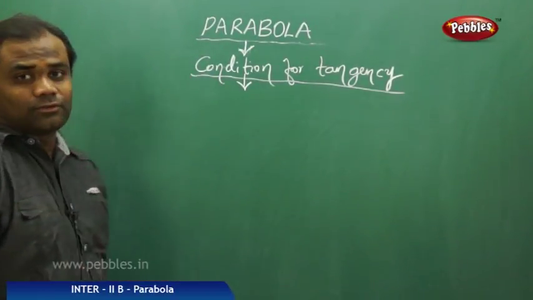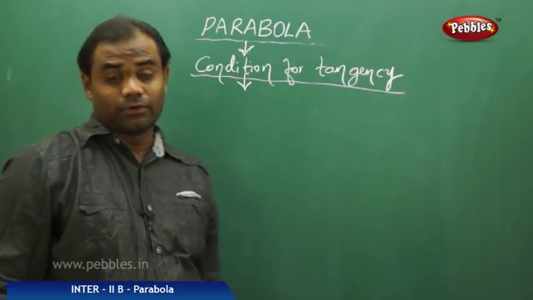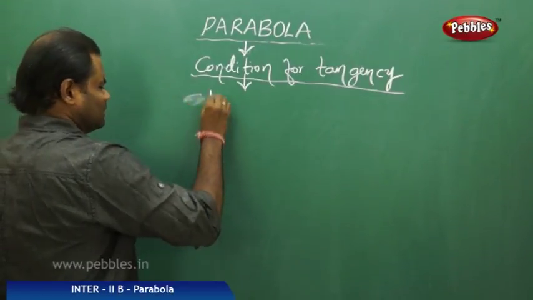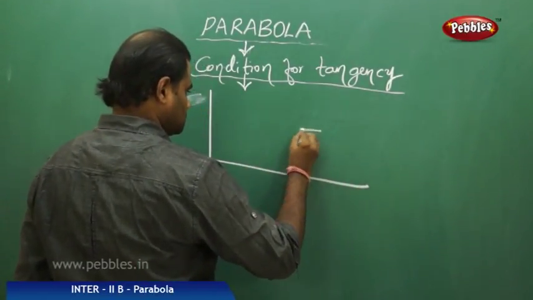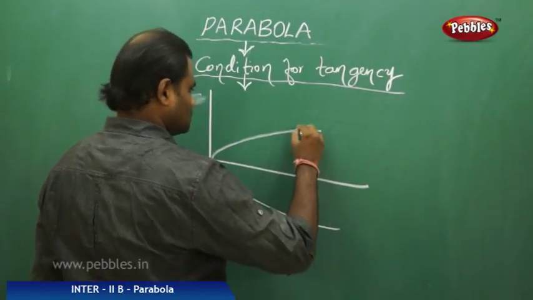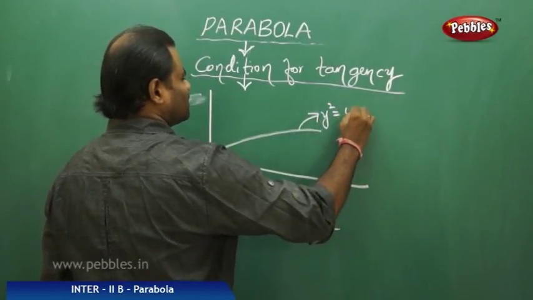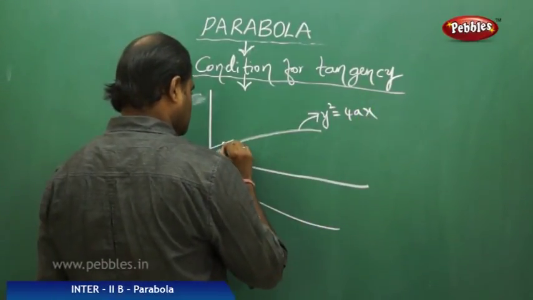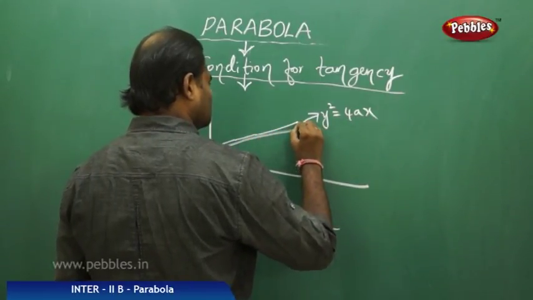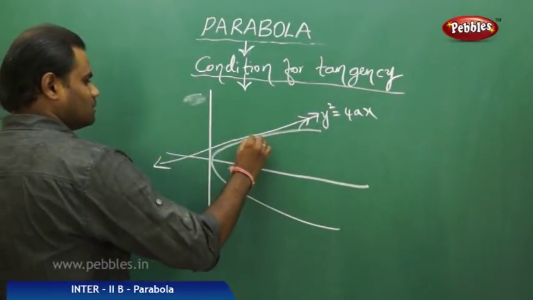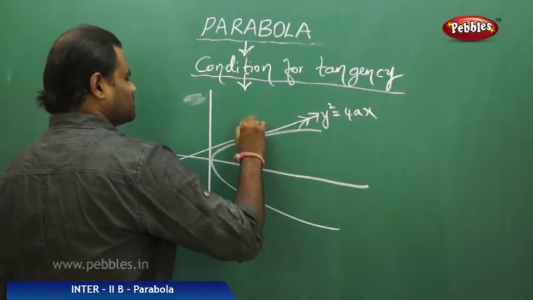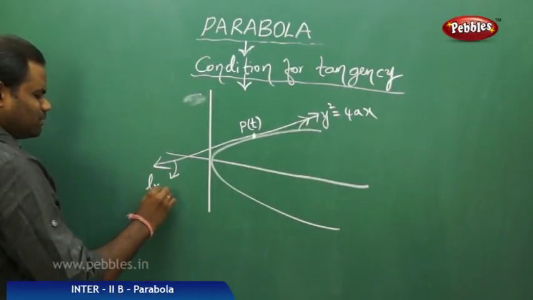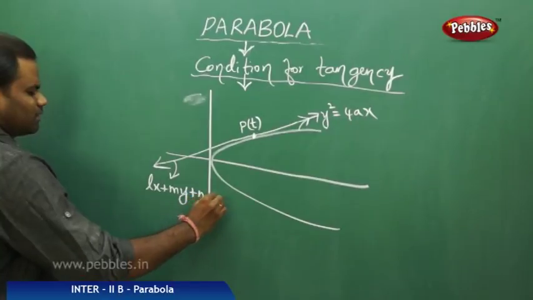The condition for tangency. Now what's the condition for tangency in parametric form is what we're going to discuss here. Suppose I have a parabola y square equals 4ax, and say I have a line which touches the parabola at P of t, and the equation of this line is given by Lx plus my plus n.